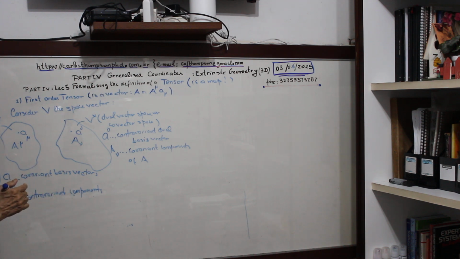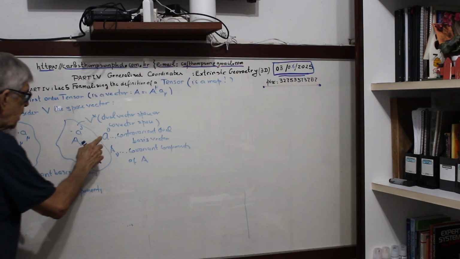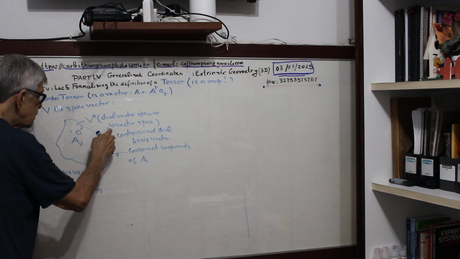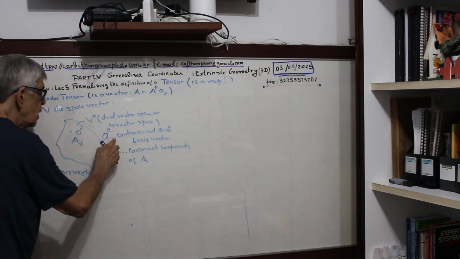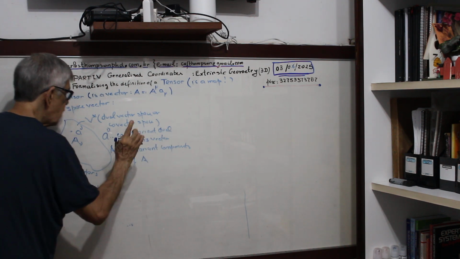That's why the superscript nu is the dual basis vector.